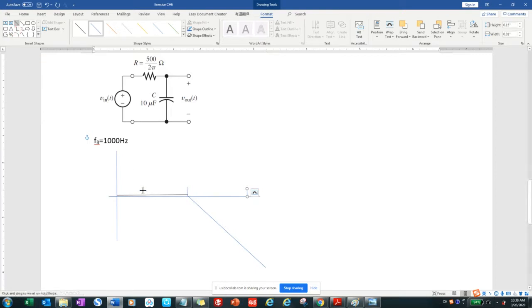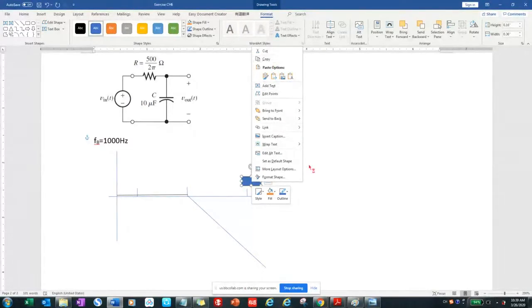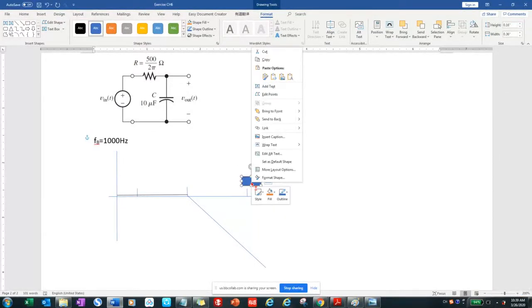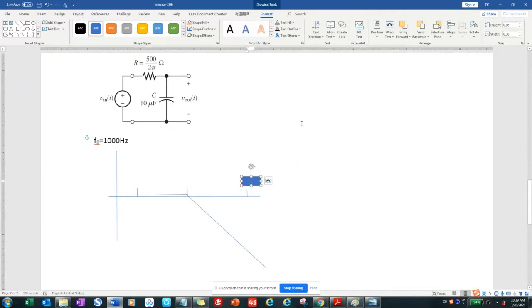And let me draw another one. This is the previous decade. So this is 10, F, 10 times F.